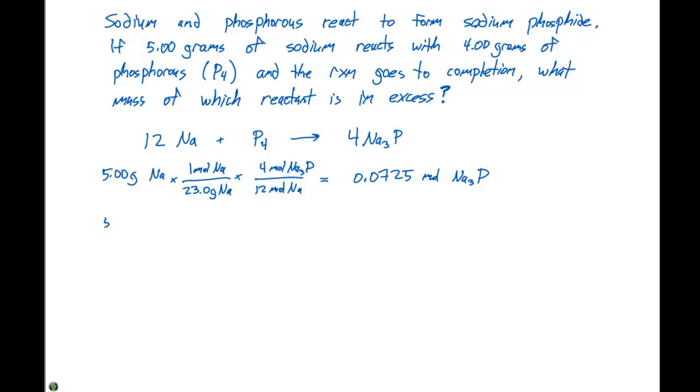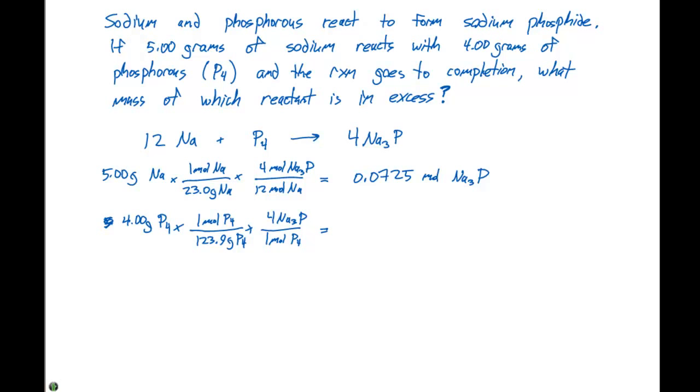Now we'll do the same calculation, but instead we'll start with 4.00 grams of the P4. From the periodic table, we know that 1 mole of P4 is 123.9 grams. From the balanced chemical reaction, for every 1 mole of P4 that's consumed, 4 moles of Na3P are produced.